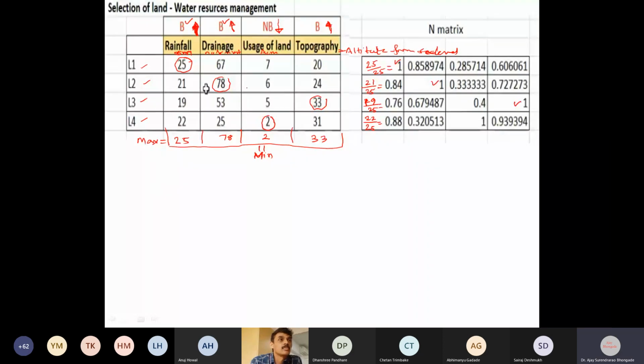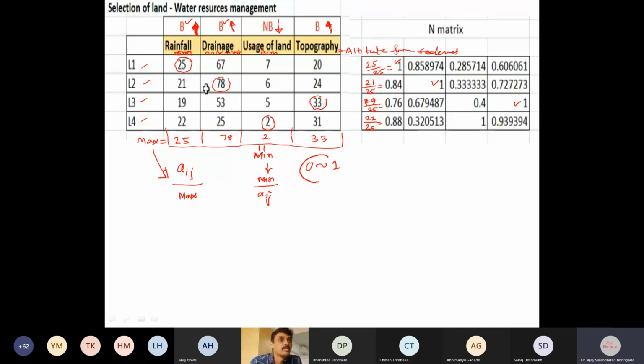Now, only in the case of a non-beneficial attribute do we do the reverse. We will divide the minimum value by each of the remaining elements. For a beneficial one, any element Aij will be divided by the maximum, and in the case of minimum, we divide the minimum by that particular element, because we want to make all this normalization in the scale of 0 to 1.